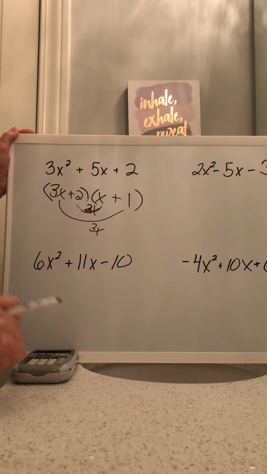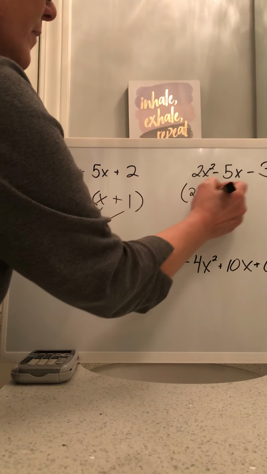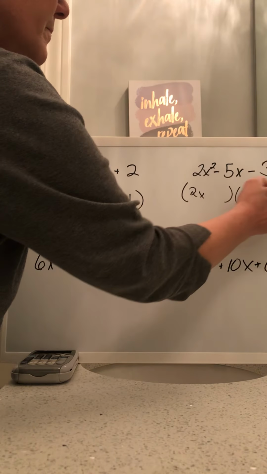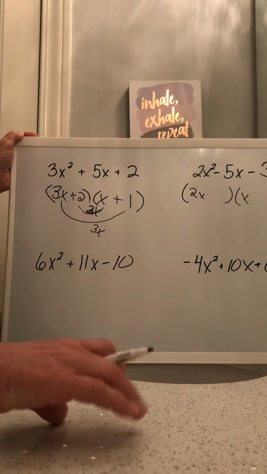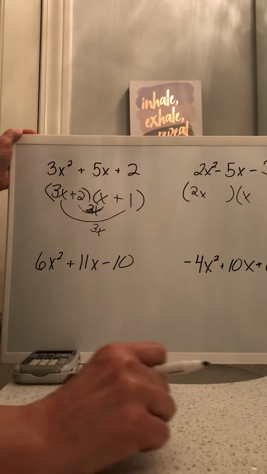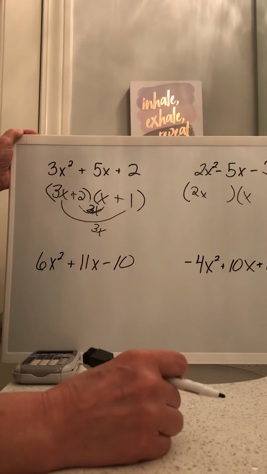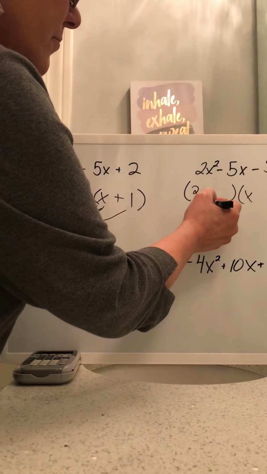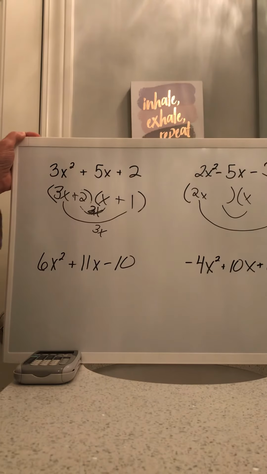Over to problem number 2 here, again, 2x squared, well that's prime, so 2 factors to 2 times 1, so 2x squared factors to 2x times x. And we just have to position the factors of 3, which are only 1 and 3, so that our outers and inners add up to negative 5x.